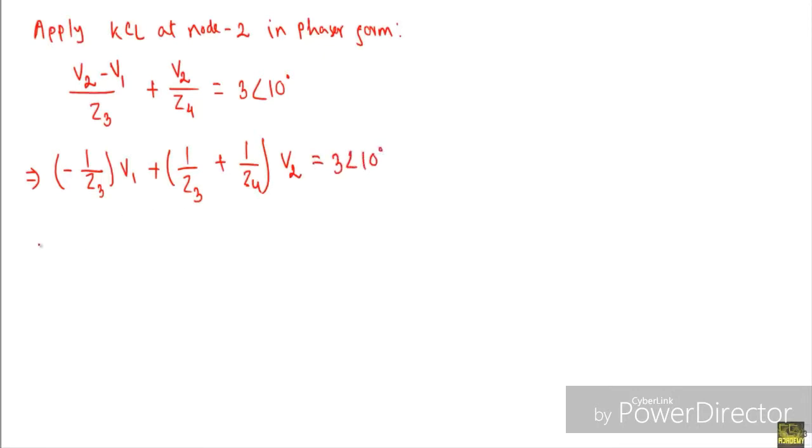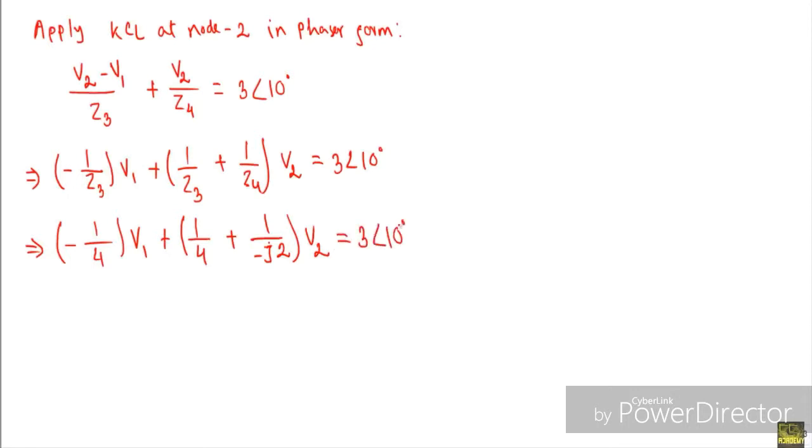Now, if I put the value of Z3 and Z4 here, I will get minus 1 over 4, phase angle of V1, plus (1 over 4 plus 1 over minus j) V2 equal to 3 phase angle 10 degree.